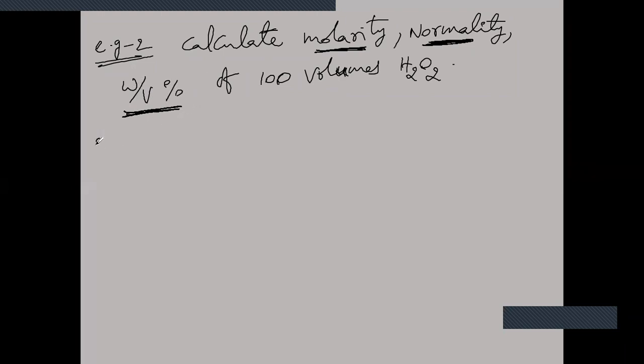Now first, what do we have to recall? One relation I told you: 1 molar is equal to 2 normal is equal to 11.2 volumes is equal to 3.4 weight by volume percentage.